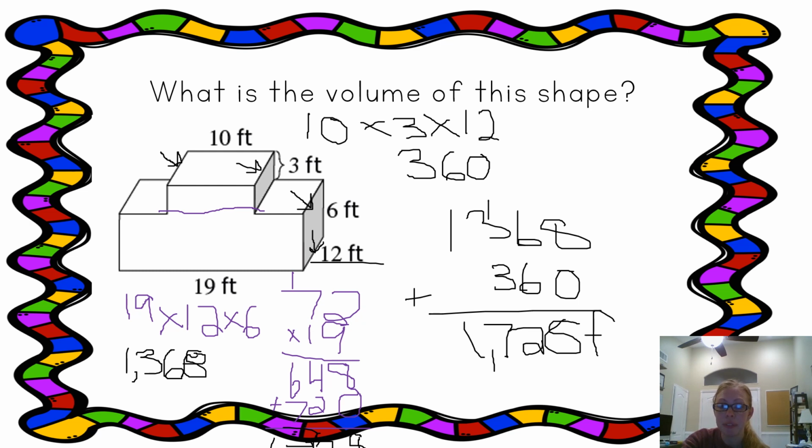So I'm going to write feet cubed here to show that this is my total volume. You can do this with any irregular shape that's made up of more than one rectangular prism. So long as you can divide that up into smaller pieces, you'll be able to find the volume of each piece and add them together.